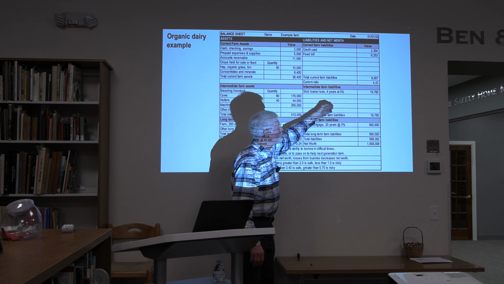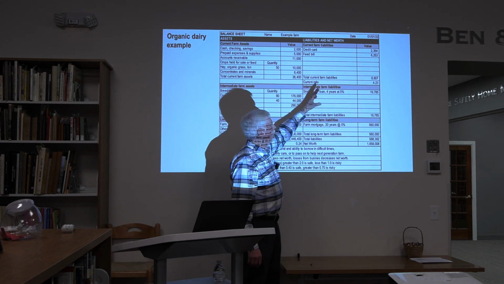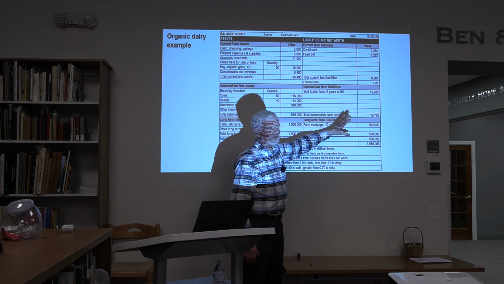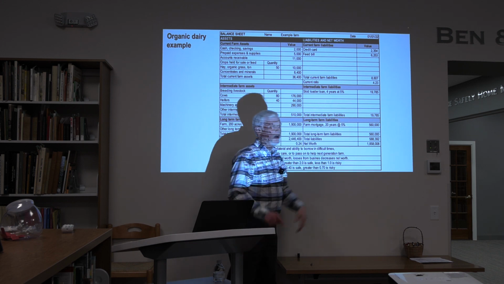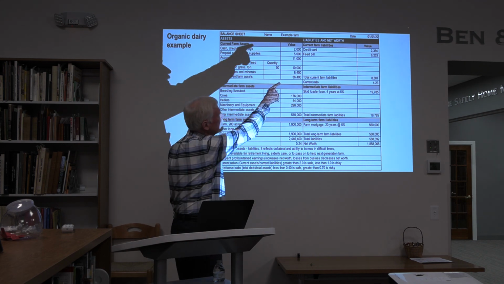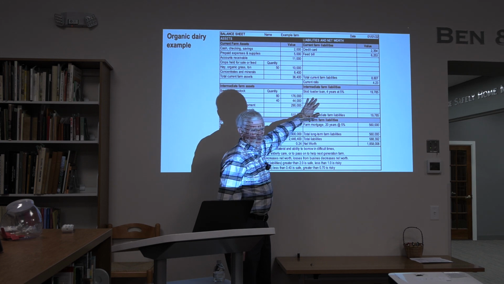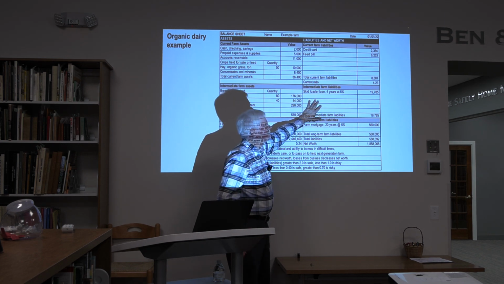Okay, same with equipment. The current portion goes up here. All right, so this is the debt. There's no interest here unless you owe the interest. If you owe the interest on January 1st, it goes in here with the principal. But if it's just interest you paid, no, it doesn't go on here.